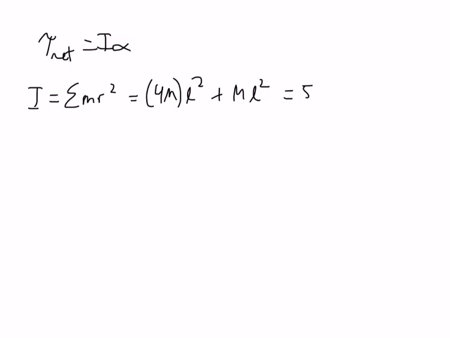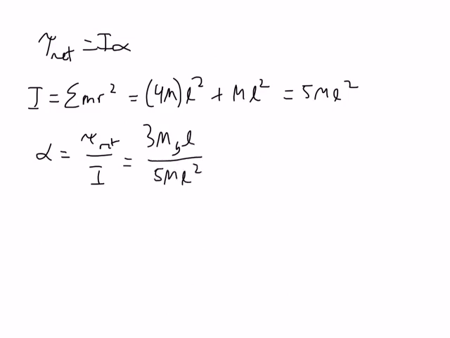So our total moment of inertia is 5mL squared. So now we can solve for alpha. Just plugging in, we can cancel masses, we can cancel length, so we're left with 3g over 5L. That's the angular acceleration at that instant.